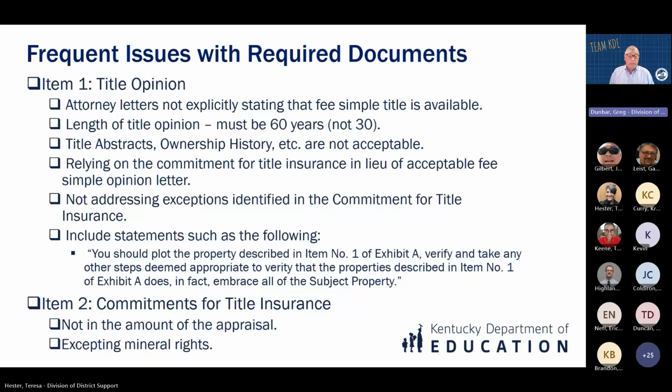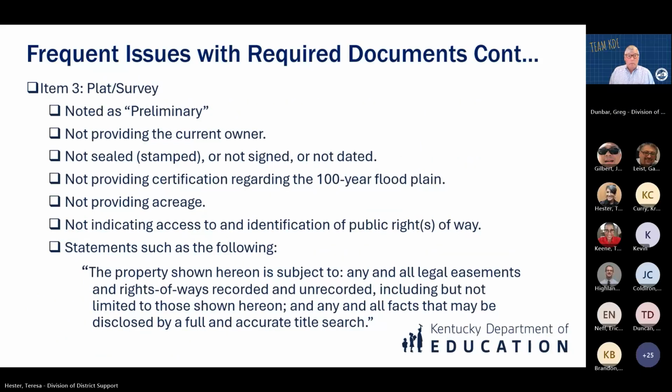Neither is a commitment for title insurance. Also, not addressing the exceptions identified in the commitment for title insurance, and commitments for title insurance not in the amount of the appraisal or that except mineral rights. Next slide, please.